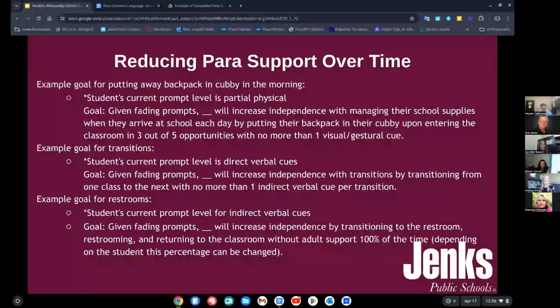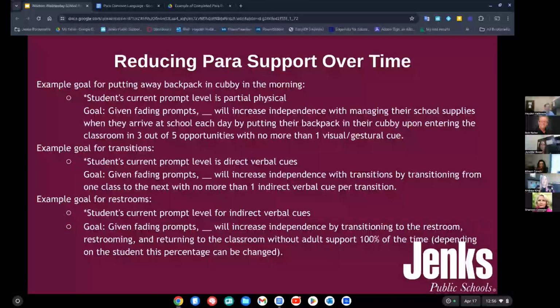Because our ultimate goal is to front load that support with the end of hopefully reducing and fading that para support over time. So for example, if a student's current prompt level is partial physical, they could have a goal, and this is geared more toward a child in the early childhood program, pre-K, kindergarten, first grade.